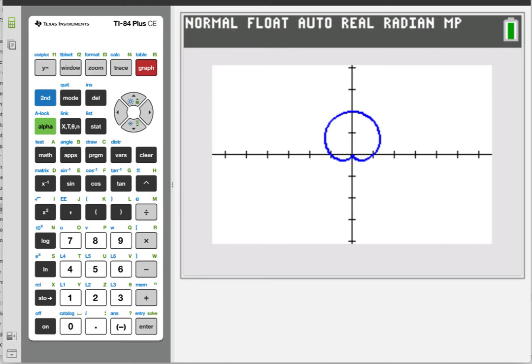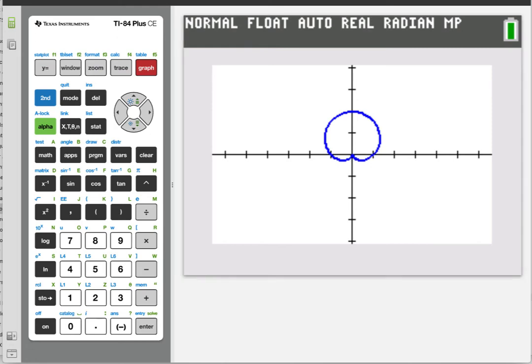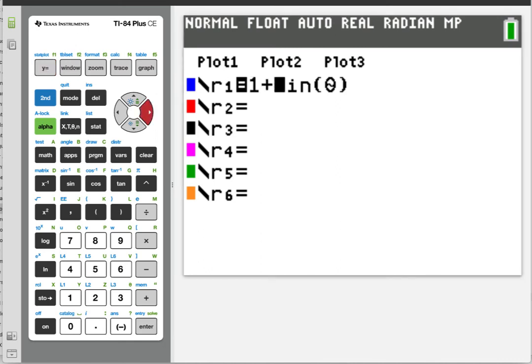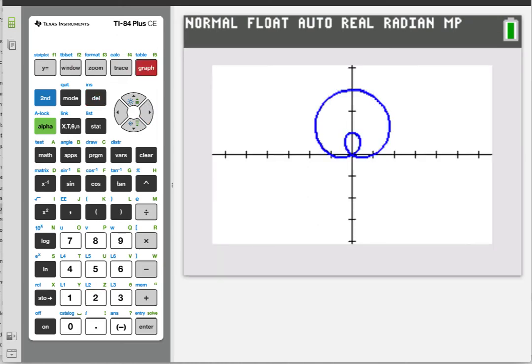Now, if we do a couple unique things here, if I think of this as a plus b sine theta, and I make the coefficient of the trig function bigger than the 1, we get a little loop inside of that cardioid.